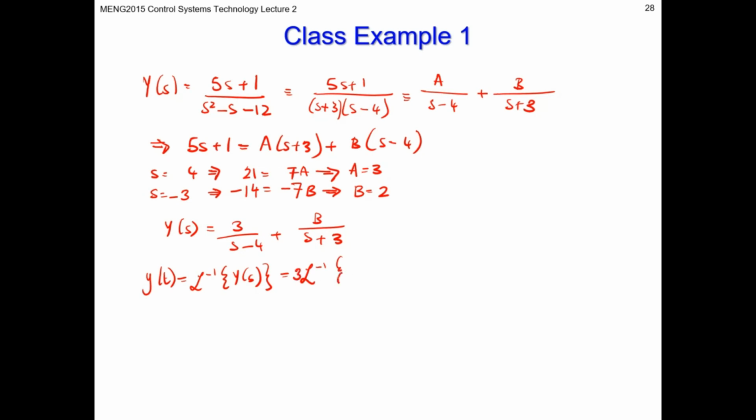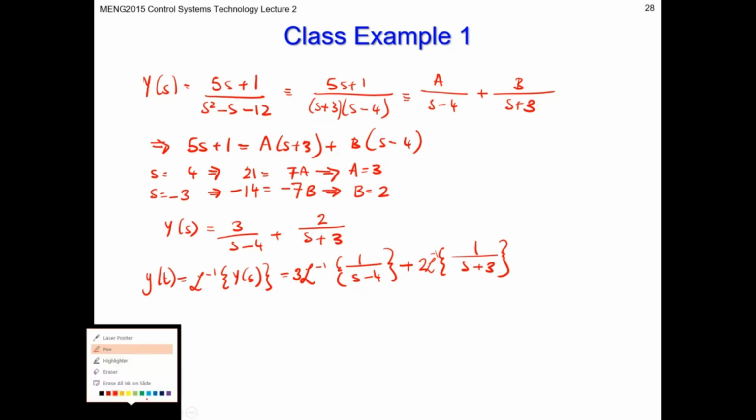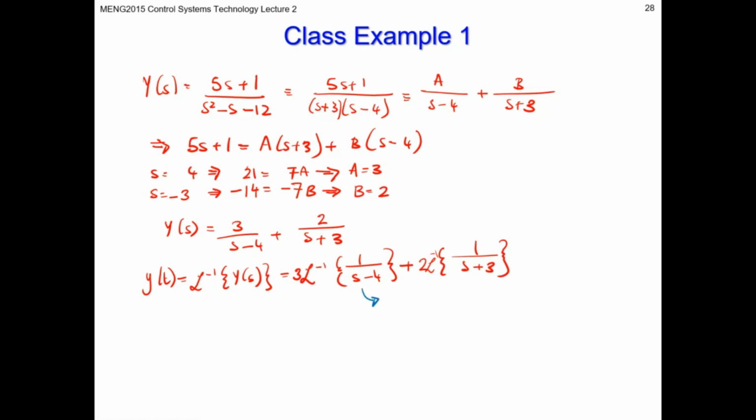Let's bring the 3 outside, the constant outside, 1 over s minus 4, and b is 2 here, 2 times the inverse Laplace transform of 1 over s plus 3. So we know these fellas from the tables. This is going to be e to the plus 4t. This is going to be e to the minus 3t.